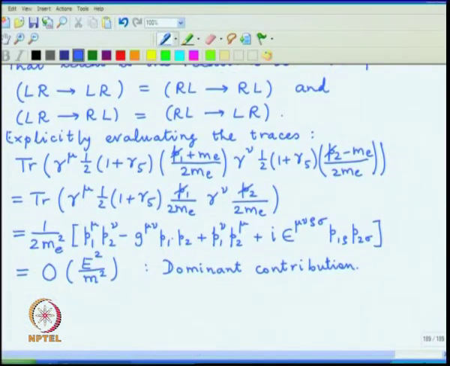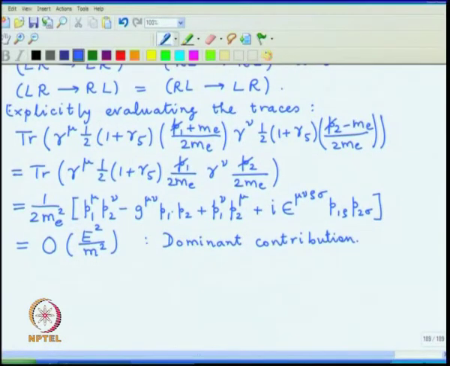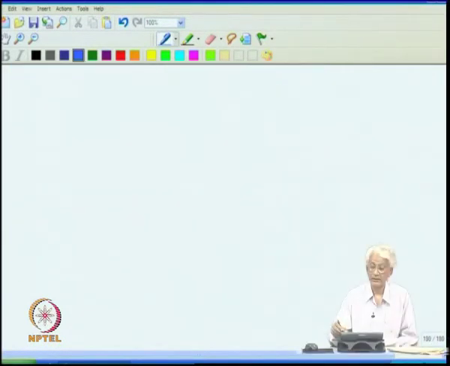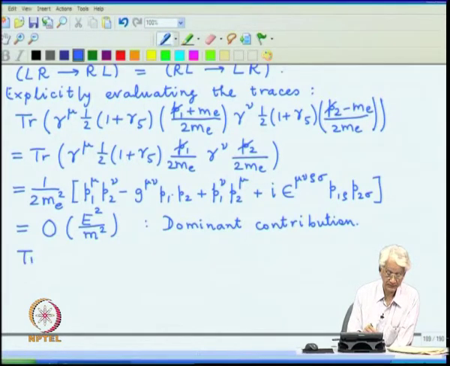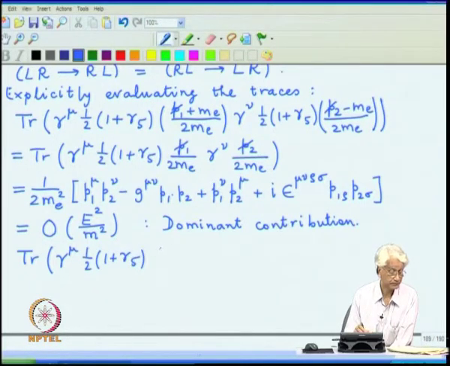Let us also evaluate the other part, which has the wrong helicity combination, and see what comes out of that. So, in that case we had the same factors, it's just one sign of gamma 5 is different.